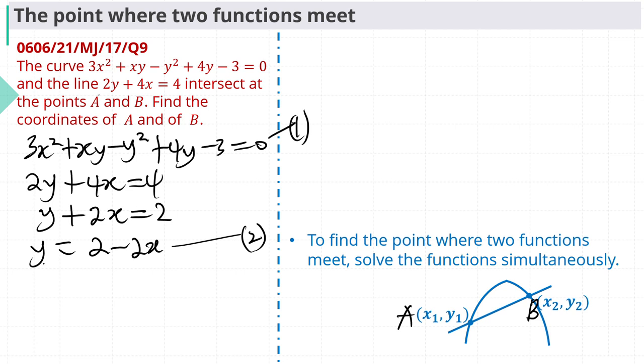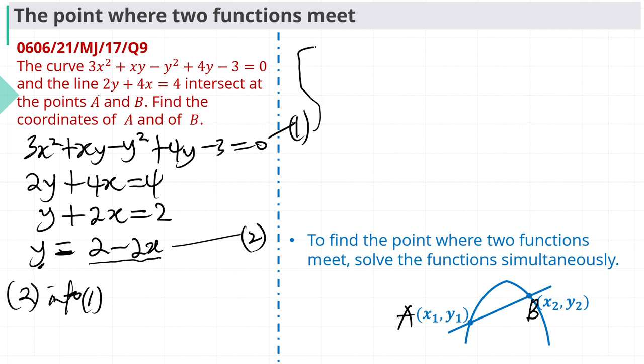Now that one of the variables is made the subject, we solve simultaneously by substituting equation 2 into equation 1. So wherever we see y in equation 1, we substitute 2 minus 2s.